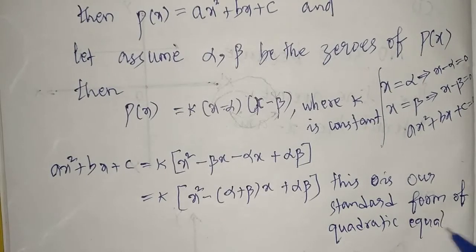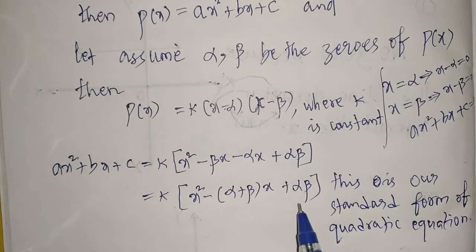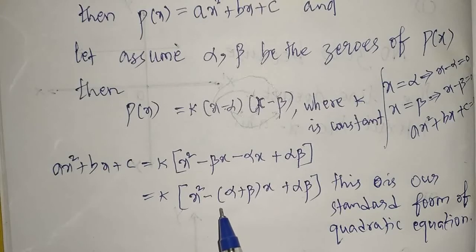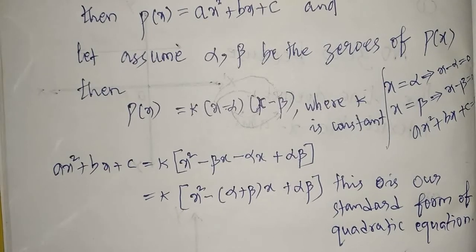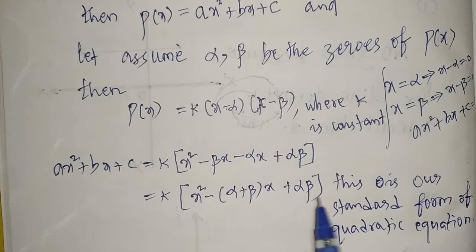They will ask it in one word also. The standard form of a quadratic equation, in the sense we have to give this one: k into x square minus of alpha plus beta into x plus alpha beta. Like this we have to give if they ask the standard form of a quadratic equation, if alpha and beta are zeros.